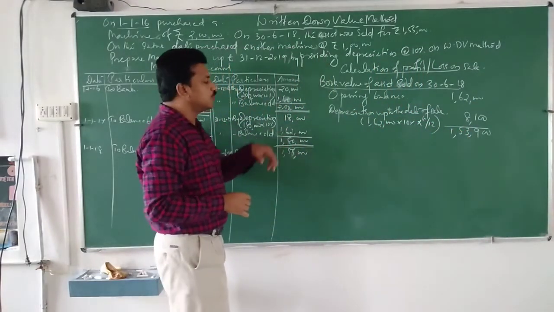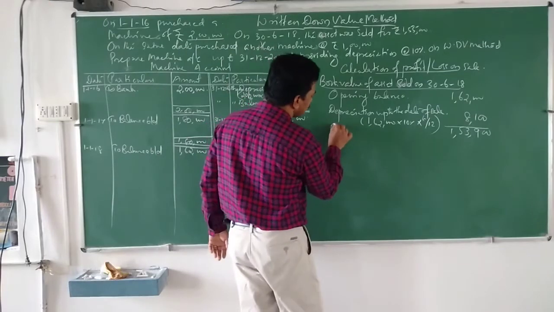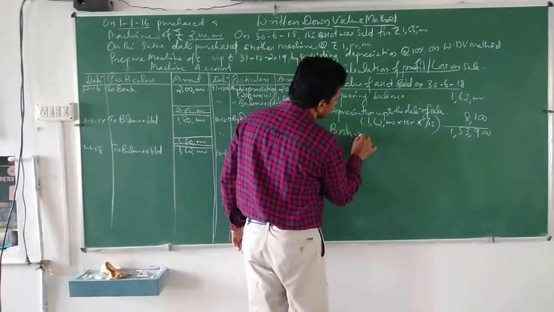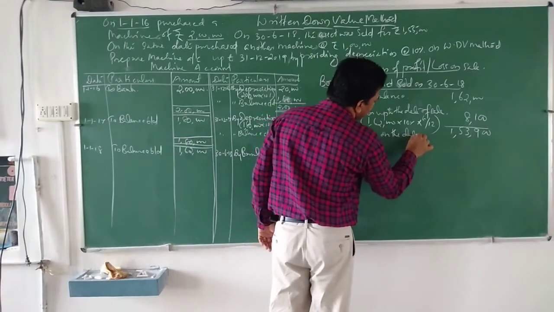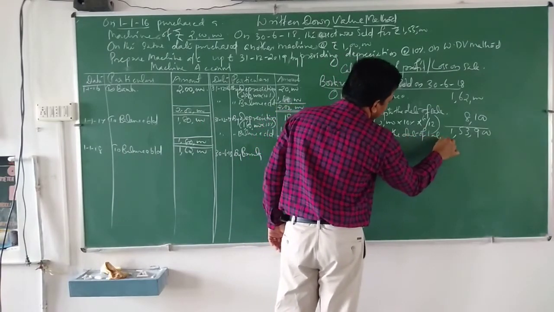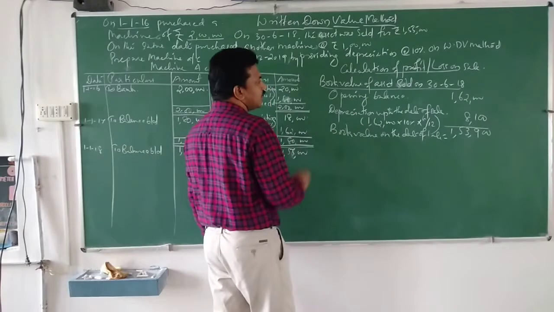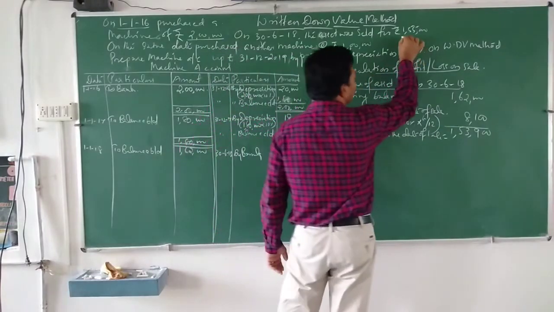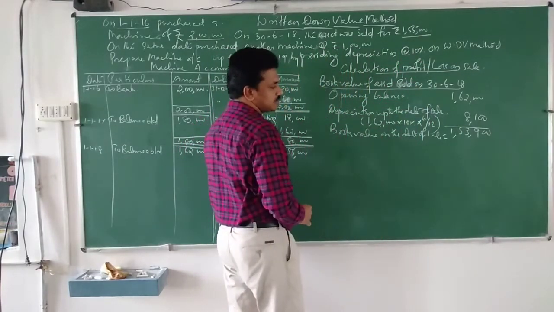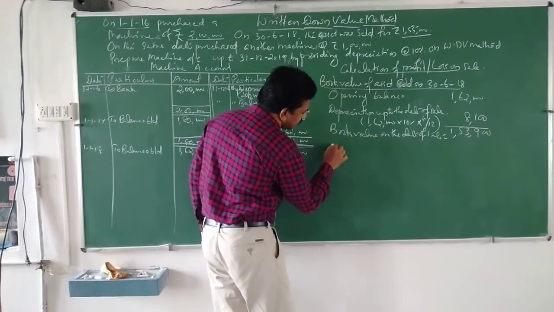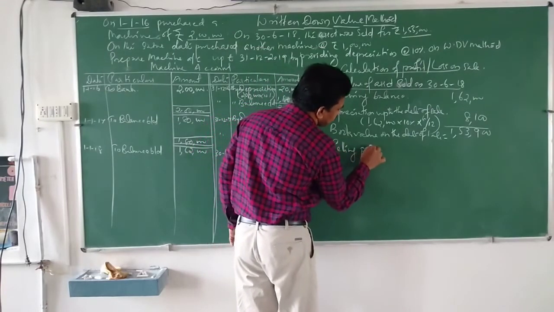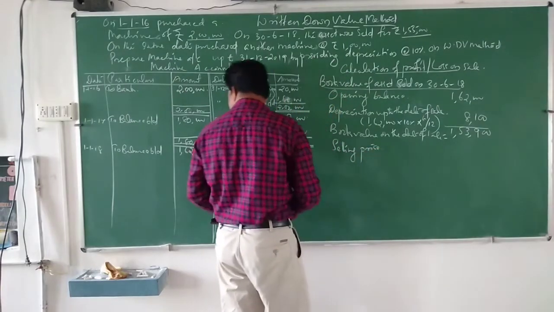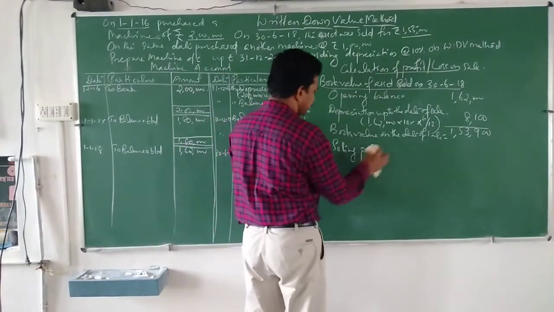1,53,900 is the book value. So this is the book value on the date of sale. Then what is the selling price? It has sold for 1,52,000. Then selling price, or we can write sales price.